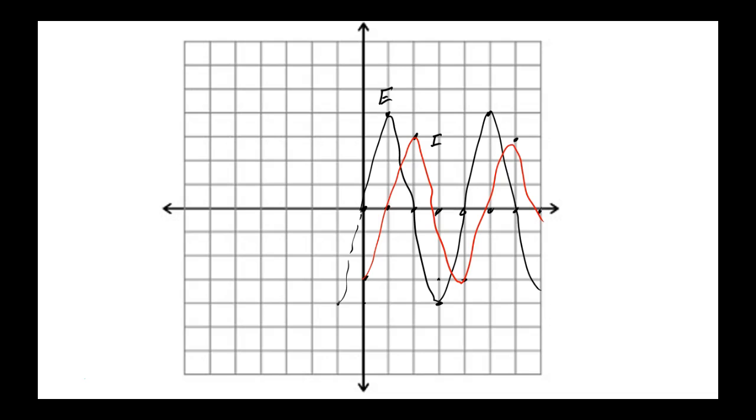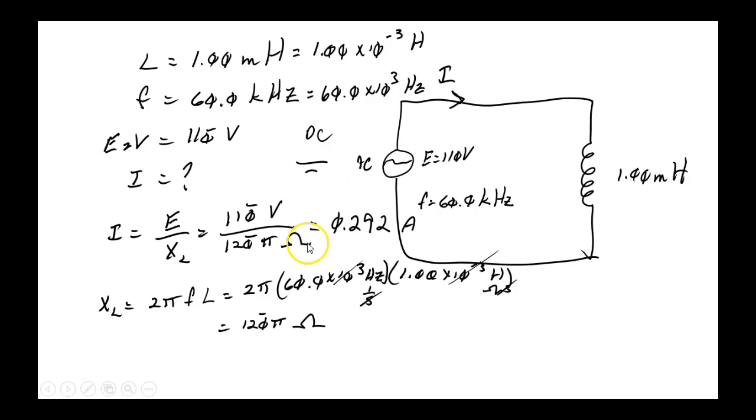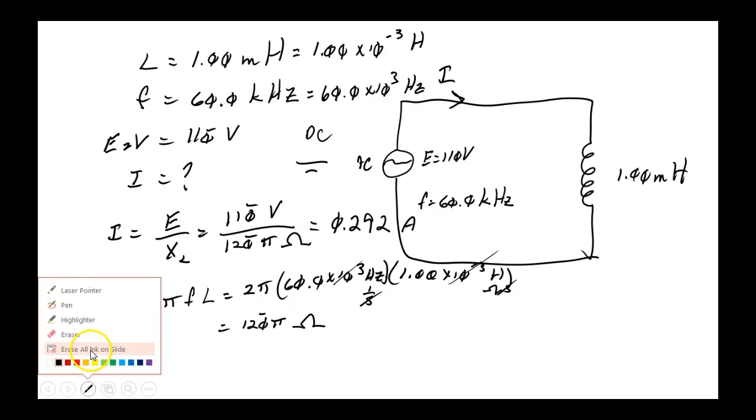okay, let me go back to my slide. Clear this out of the way. Okay. For a resistor, the resistance is R. Okay. For an inductor, the reactance is X sub L, and we won't go into it. Okay.